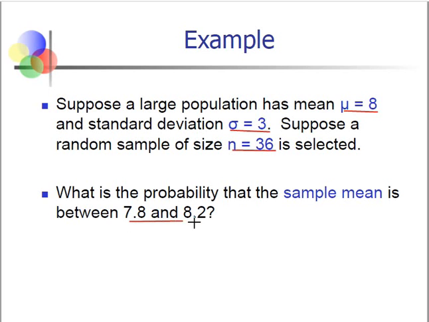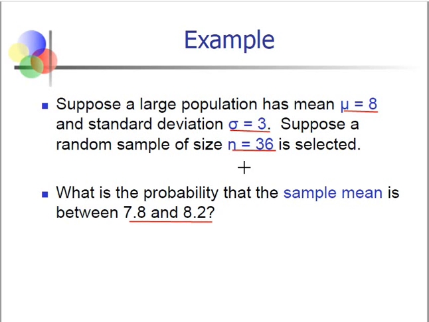Now, we are asked this probability, but have we been given the distribution of the population? No, we don't know. Then we just have to check the sample size. Is it at least 30? Yes, it is at least 30.